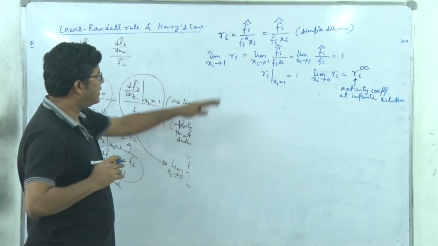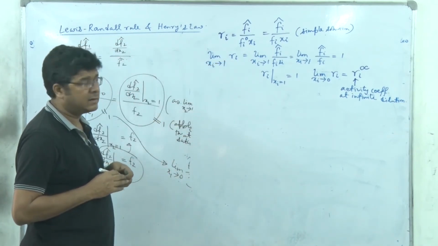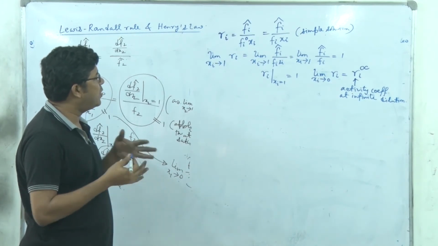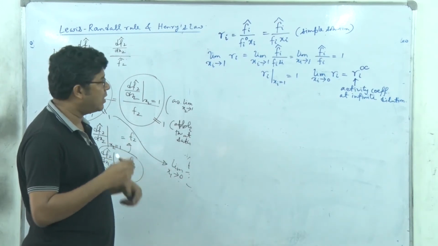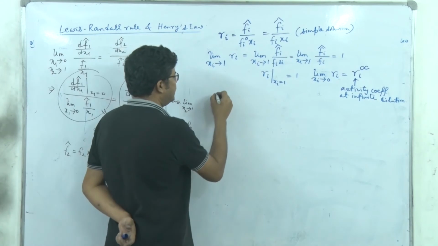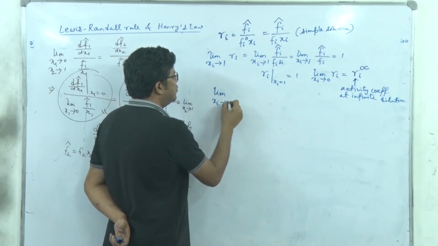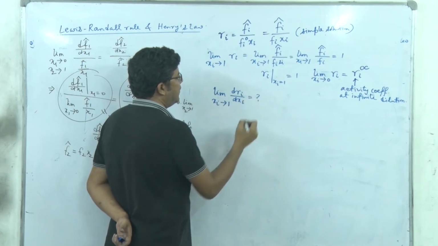Next, we see that gamma i is tending to 1, and what will be the slope d gamma i dxi whenever xi is tending to 1? That may be another interesting issue to solve. So limit xi tending to 1 of d gamma i dxi, that we try to find out.